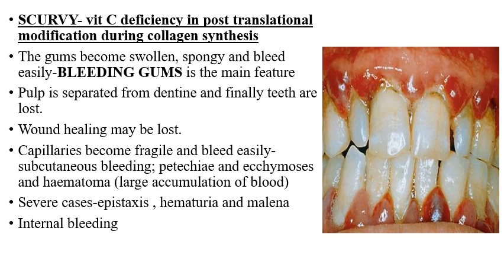Wound healing may be delayed or lost. The capillaries also become fragile and bleed easily. Spontaneous bleeding is common. Petechiae, ecchymosis and hematomas are also seen. In case of severe deficiency of vitamin C, they may have epistaxis, hematuria and melena, and internal bleeding is also seen.